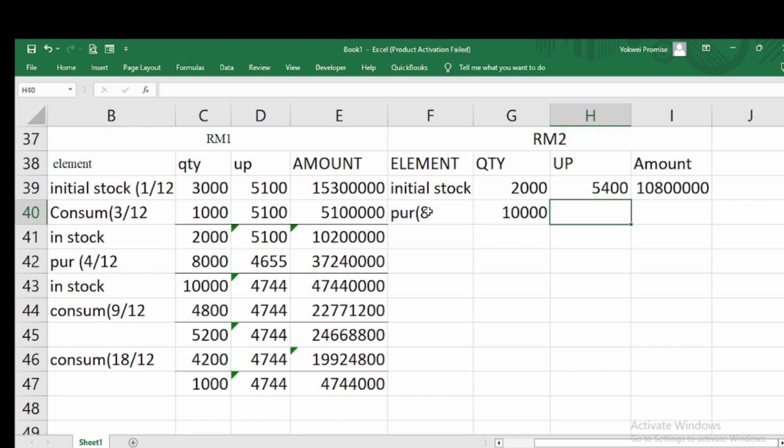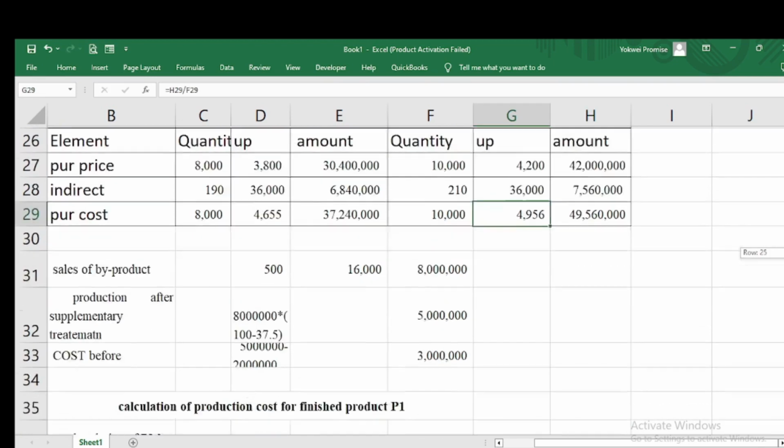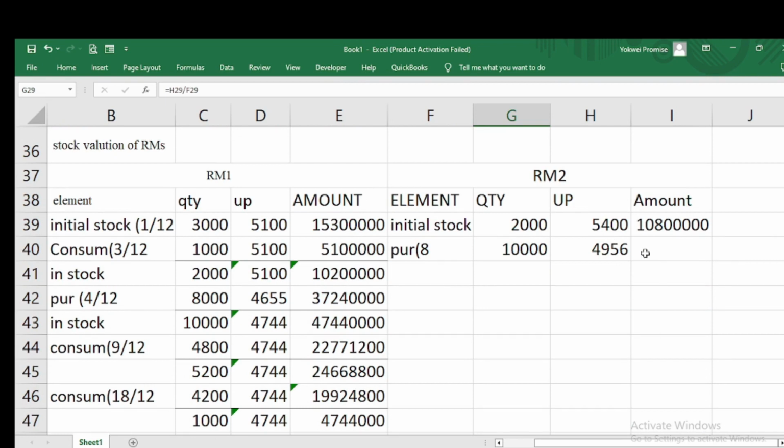So the purchases now, I will pick from the absorption table, which is 4,956. So please let me just confirm from the purchase cost, 4,956, yeah, 4,956, which is equal to this. Of that, from there, let's see how much is in stock.